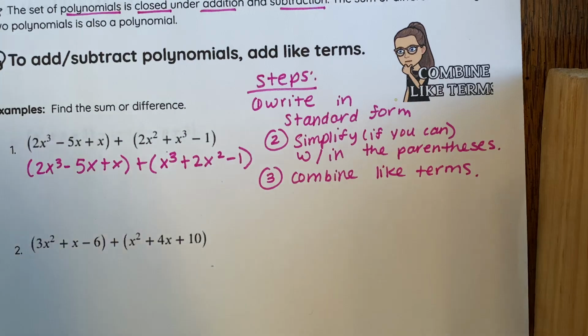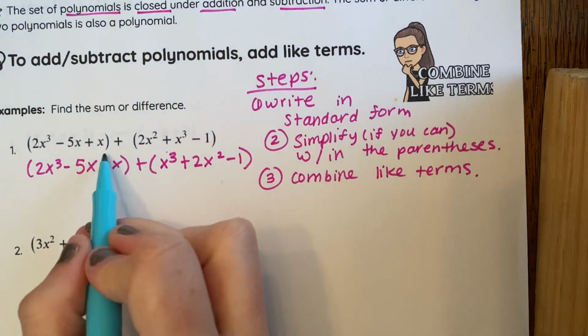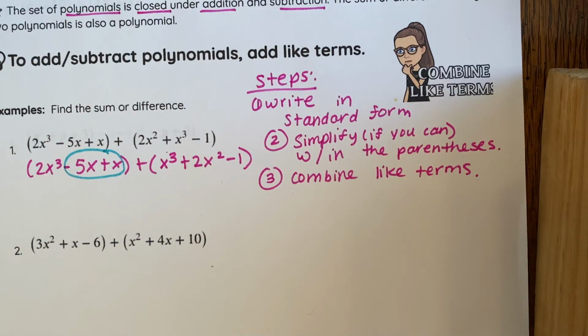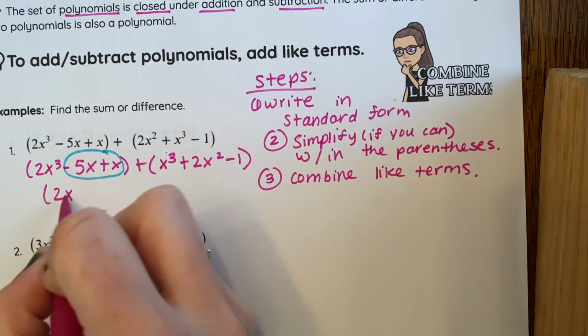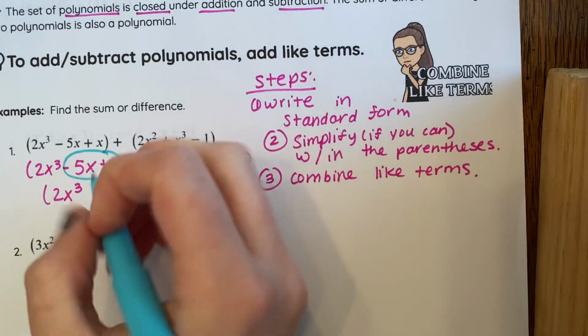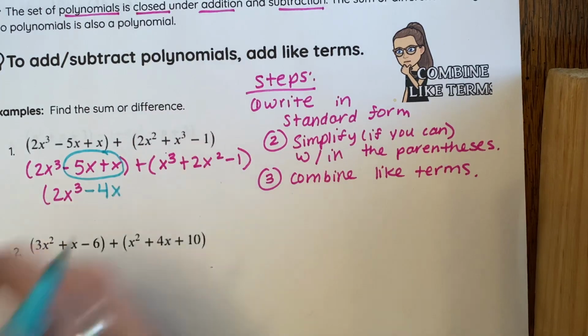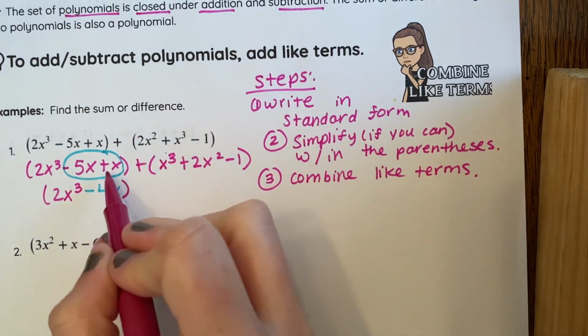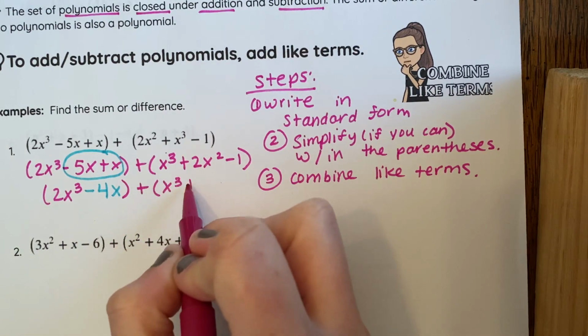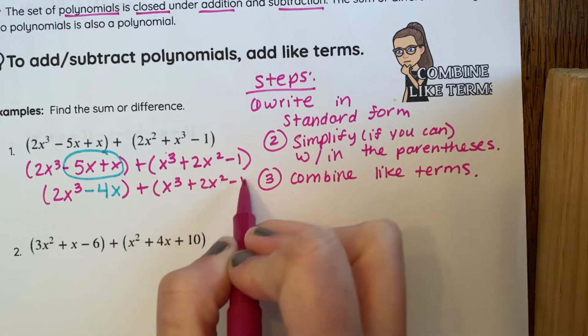Now what we're going to do is combine or simplify in the parentheses. We have an x term and an x term here, so we can simplify that. So we have 2x cubed, and then a negative 5x plus x gives you a minus 4x, plus x cubed plus x squared minus 1.